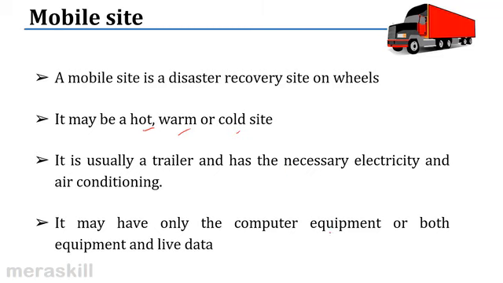It may have only the computer equipment, which is a warm site, or both equipment and live data, which is a hot site. Yes or no? This may be hot. This may be warm. Definitely cold site. Mobile is definitely at least a cold site. It may be warm or hot depending on what it contains. Alright?